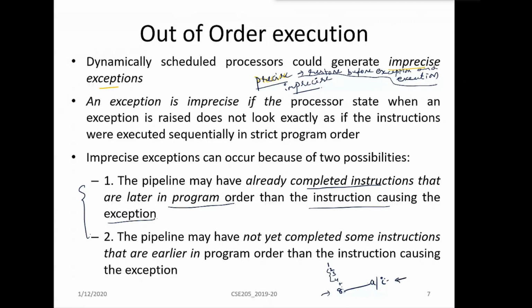In this case, the I value may be 0. In the first instruction the I value is 0. So this has been scheduled, and before that this instruction goes for execution. Don't think this is data dependence, it is just for example. It is ready for execution and executed, and here what has happened is a divide by 0. It leads to a divide by 0 error. But between these instructions there is a possibility of the I value changing. You understood or not?